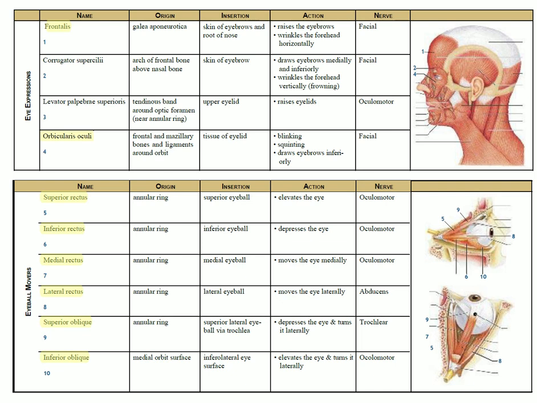So the next grouping here are eyeball movers. So we have muscles that are specific to moving the eye itself. So number 5 through number 8, superior, inferior, medial, and lateral rectus muscles are all involved in that. And then numbers 9 and 10 here, superior oblique and inferior oblique, are also involved in actual eye movement.